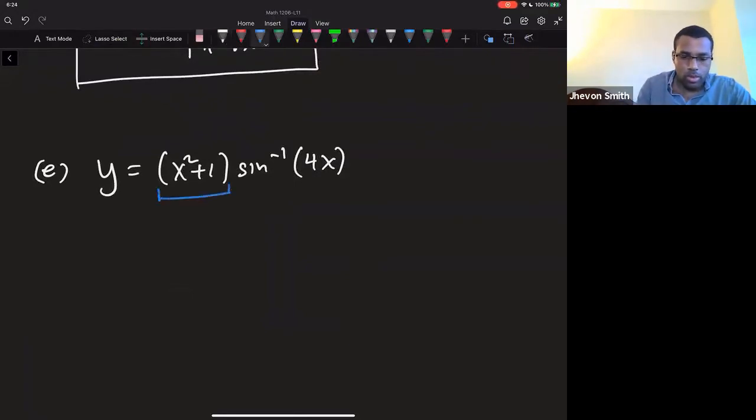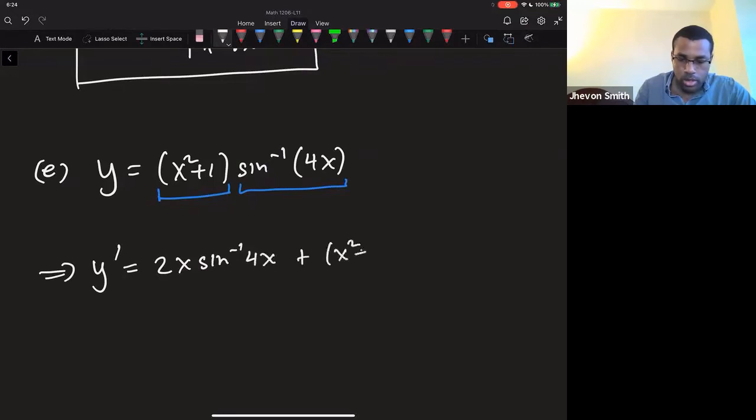For this one, of course, you'll need a product rule here. So we're going to differentiate the first one, leave the second, plus leave the first, differentiate the second.